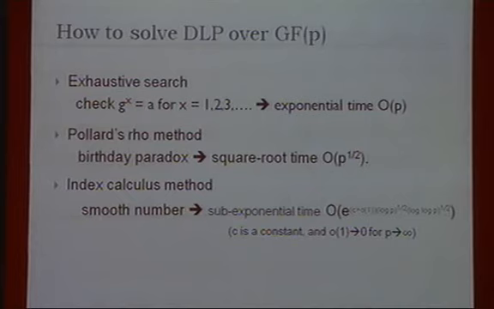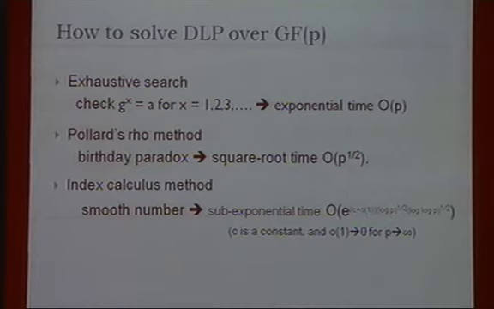And so the running time is estimated as this: e to the this number, and you can see the constant, the small o tends to 0 for large enough p. This part is very tricky. This comes from the mathematical property of smooth numbers. When we analyze how many numbers are smooth, then we get this formula.